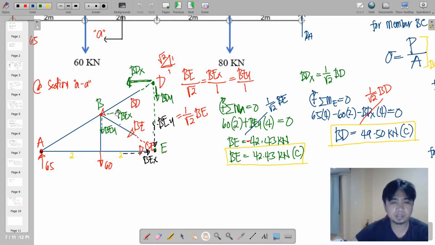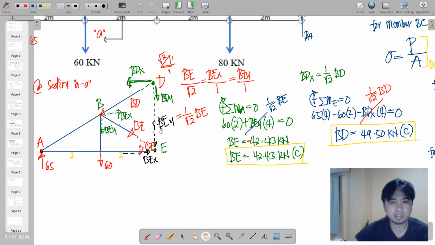So the same procedure, or similar to that of the procedure a while ago, we intend to resolve BD at a certain point. So anywhere you can do that, but for our convenience, I'll just have to resolve it at point D, so that BDY has no moment arm.